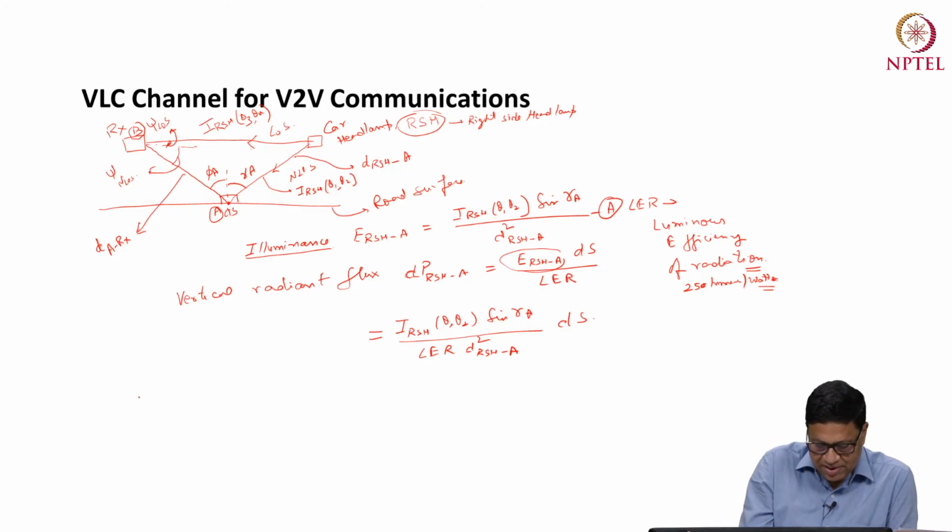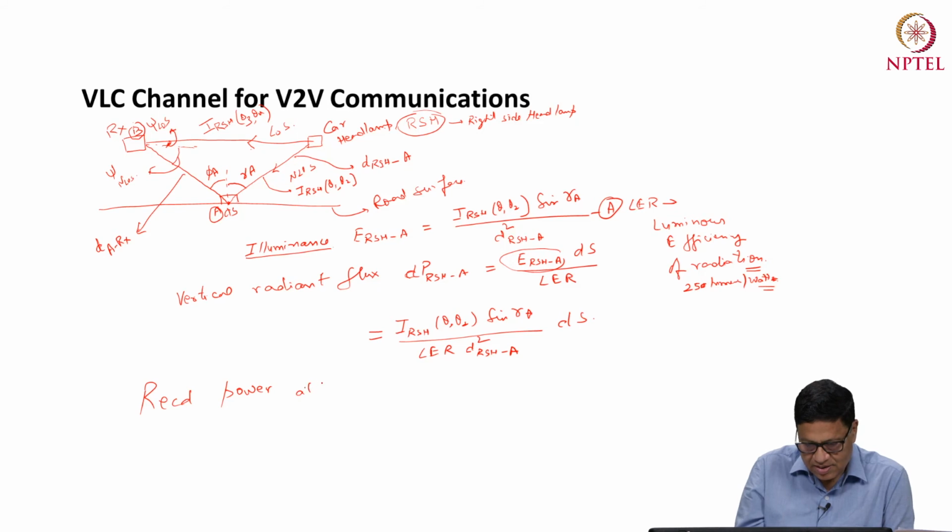Now receipt power at B, that is at the receiver, will be, and currently we are considering the non-line of sight component.